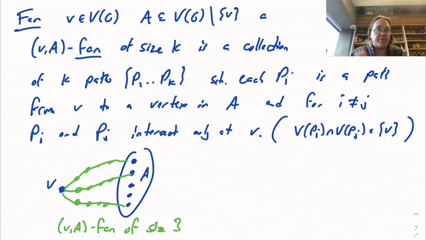Again, we've seen a version of Menger. We have a nice if and only if condition for the presence of k vertex disjoint paths between a pair of sets. We also have a nice condition between two vertices.